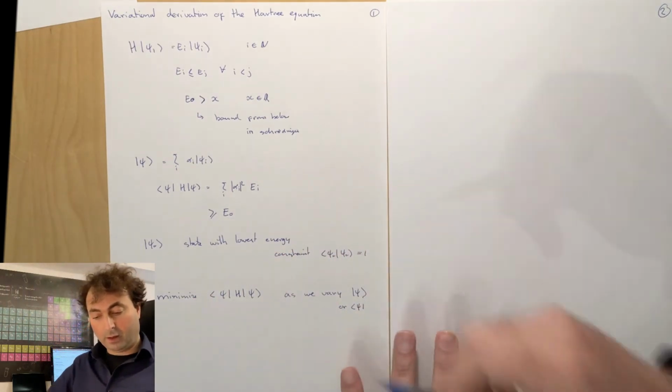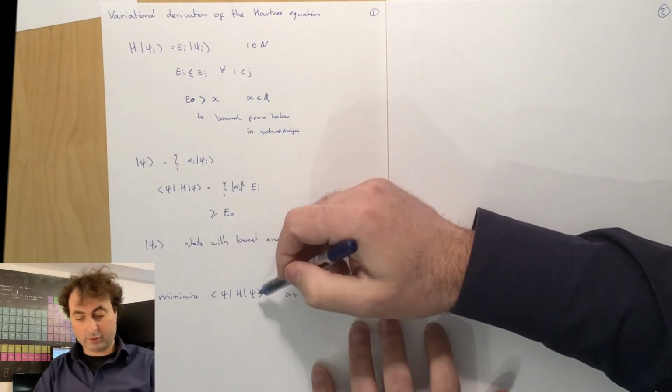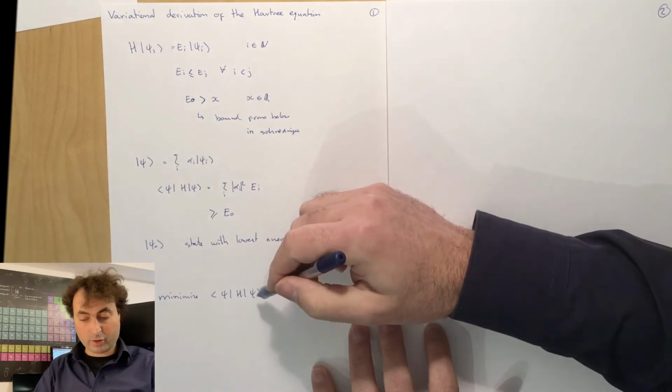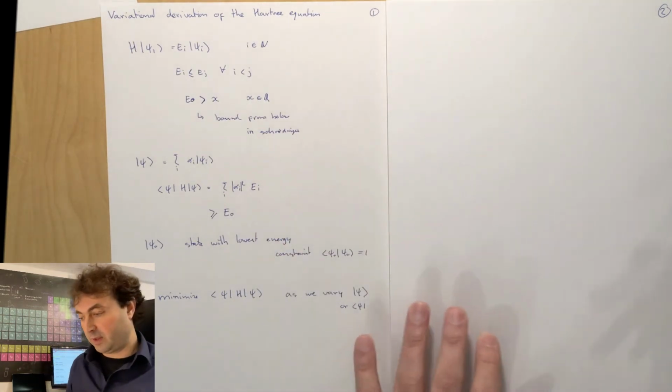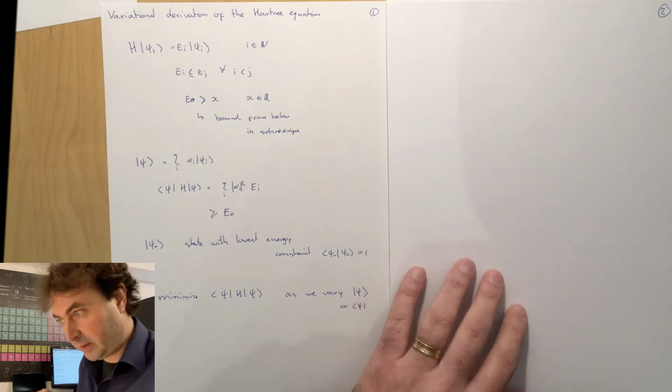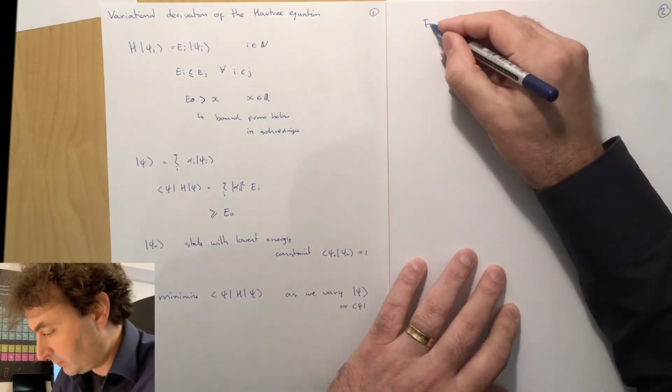Well, if you minimize the value of a function, or in this case a functional, because for different functions we get a real value, then we can look at the functional derivatives.